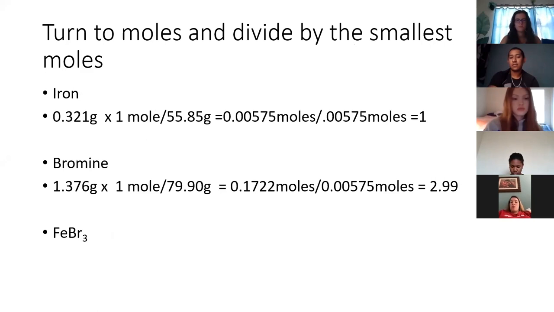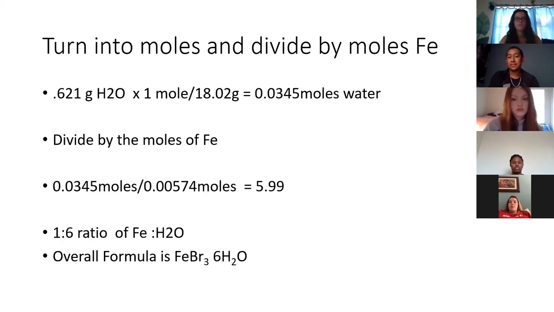So at this point, we have determined the molar ratio between my iron and my bromine. Next, we're going to determine the molar ratio between the salt and water. For that, we're going to assume that the moles of iron are the same as the moles of the salt.